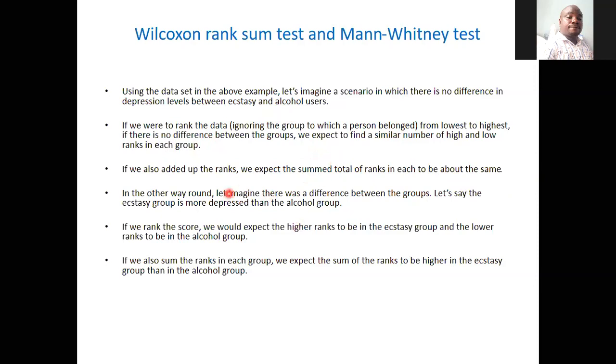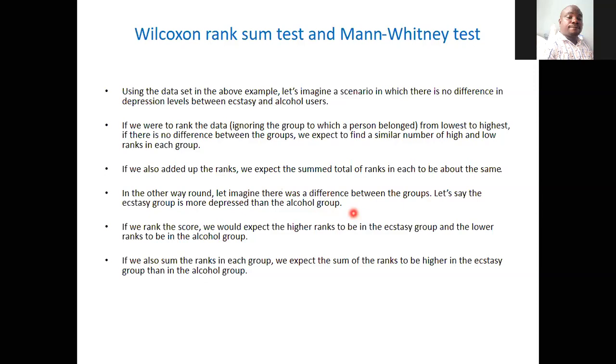If we also add up the ranks, we expect the sum of ranks to be about the same, because this one has as many low values as this, and this one has as many high values as this. So if you add them together, even though you may find a difference, it should not be much. Another way around, let's imagine there was a difference between the groups.